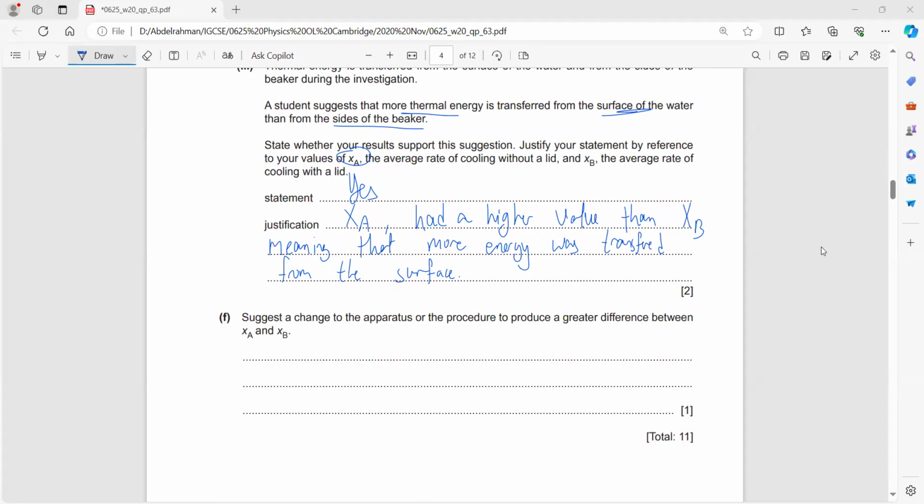Not necessarily. A larger initial temperature. Higher initial temperature, definitely, which is 100% correct. Increase the initial temperature.